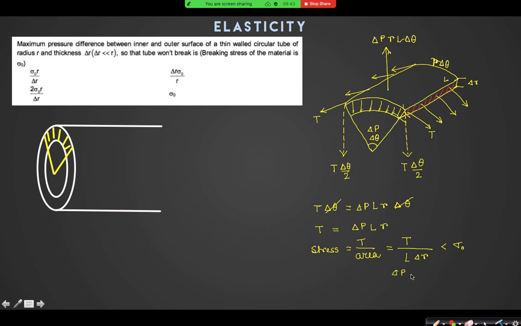So delta P into L R divided by L delta R is less than sigma naught, which will give you that excess pressure should be less than sigma naught into delta R divided by R. Have you got it? Have you found the solution of this question?